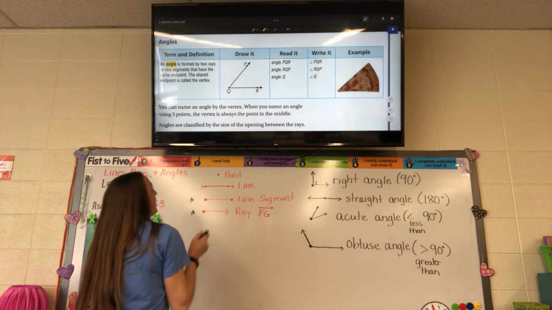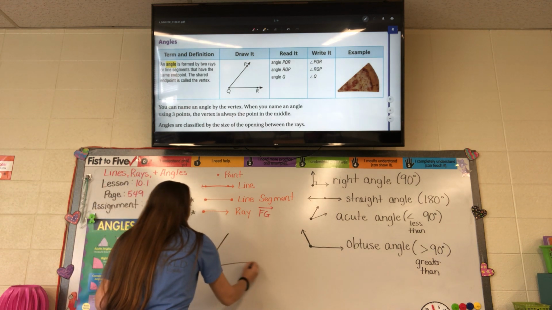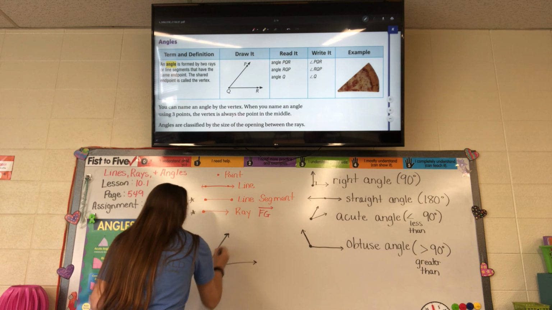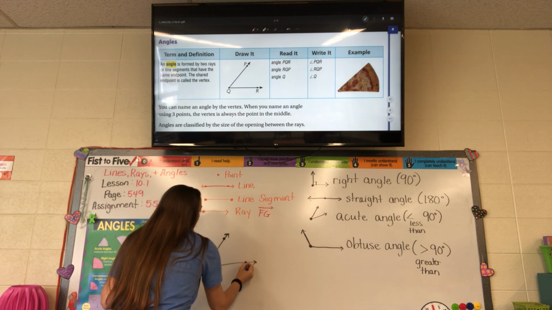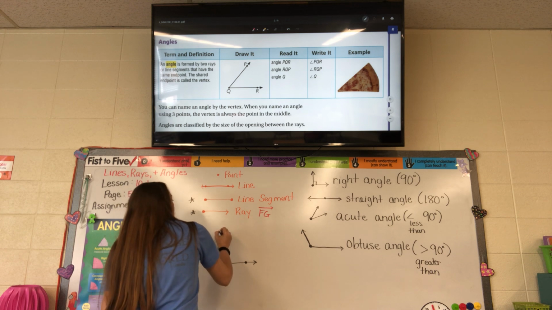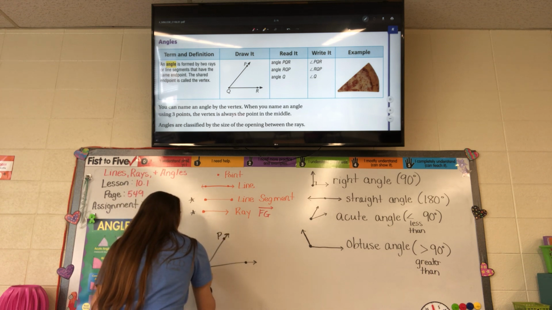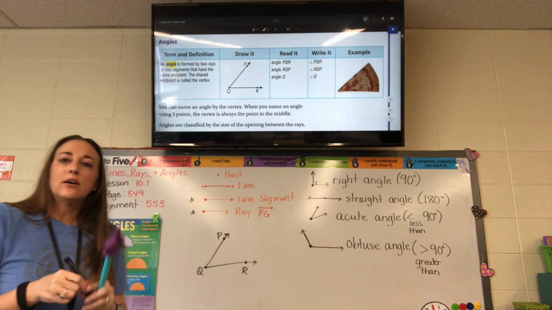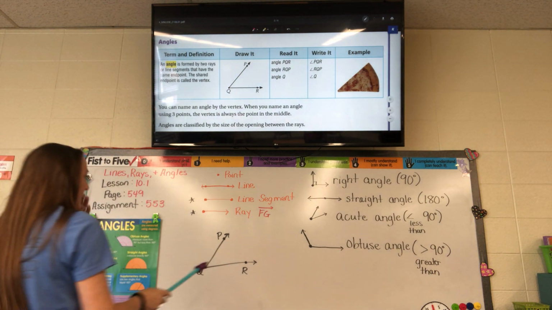So if we just have an angle made up of two rays, and we have the points P, Q, and R, with an angle, you can start on any of the farthest points first.